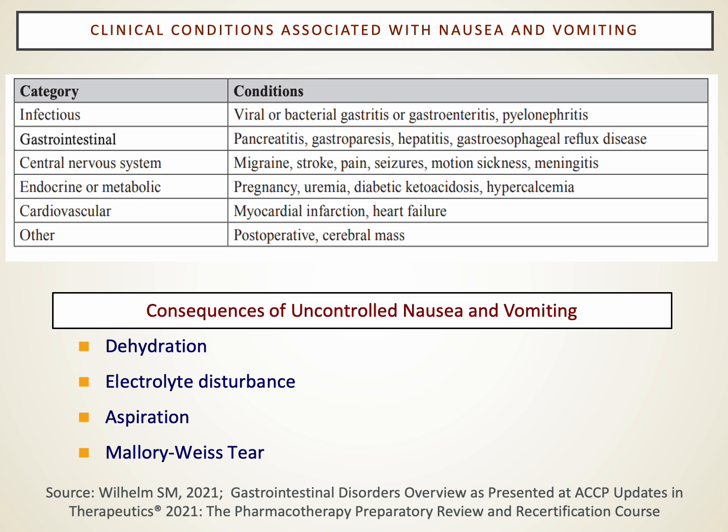And then the concerns for nausea, vomiting, the biggest one you probably have in surgery is aspiration risk, but you're also going to be worried about dehydration, electrolyte disturbance, and with retching, a Mallory-Weiss tear. So again, as we noted in the GI block, these are all concerns here in these surgical patients.